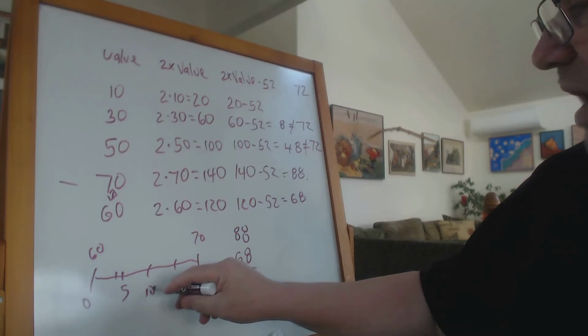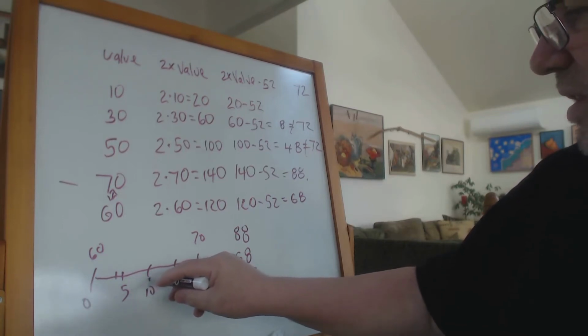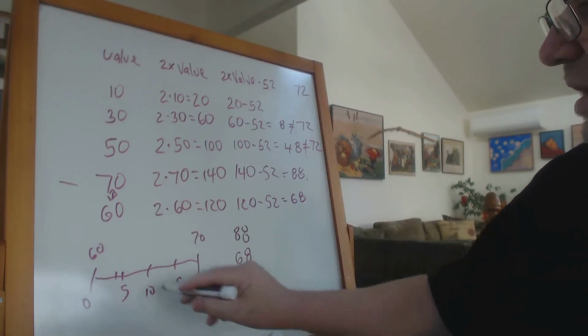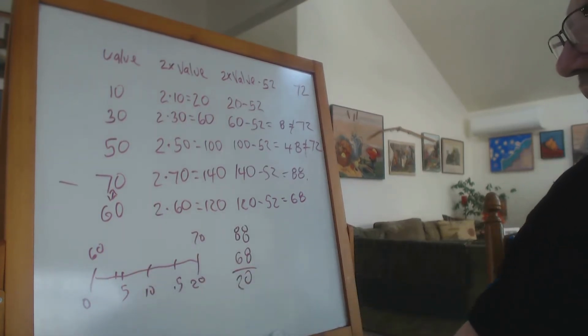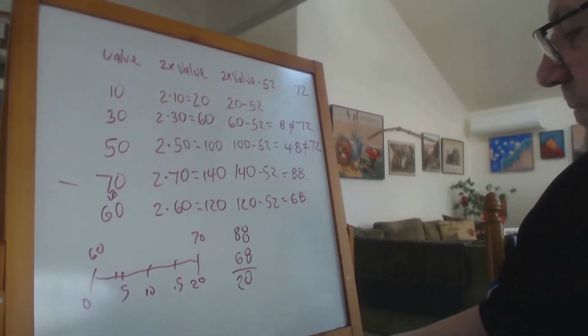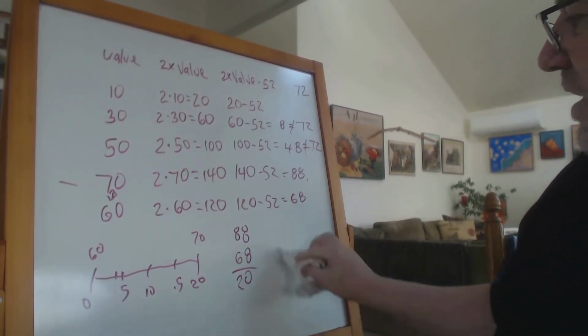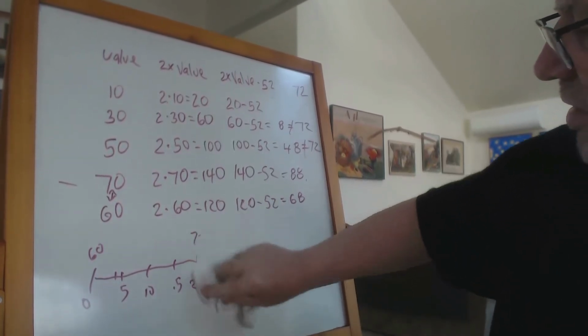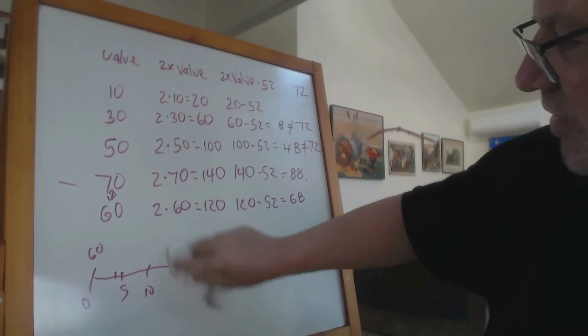That's still too high, so that would be 65. 65 is too high. Well, let's try a smaller number, let's try 64. See, we're still just guessing. We're just using logic here to guess.